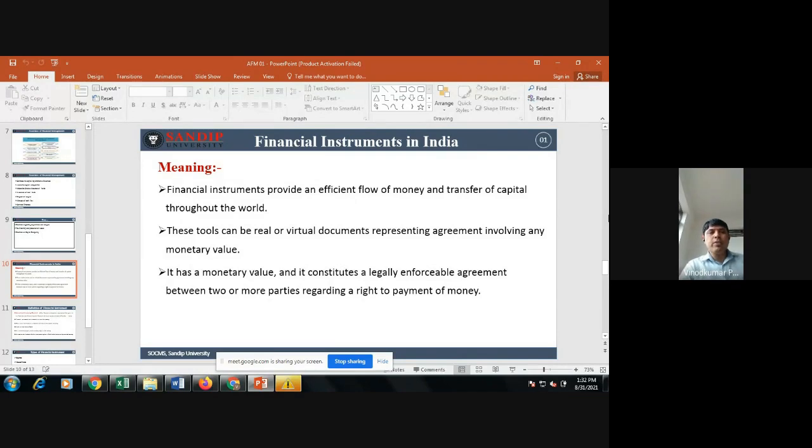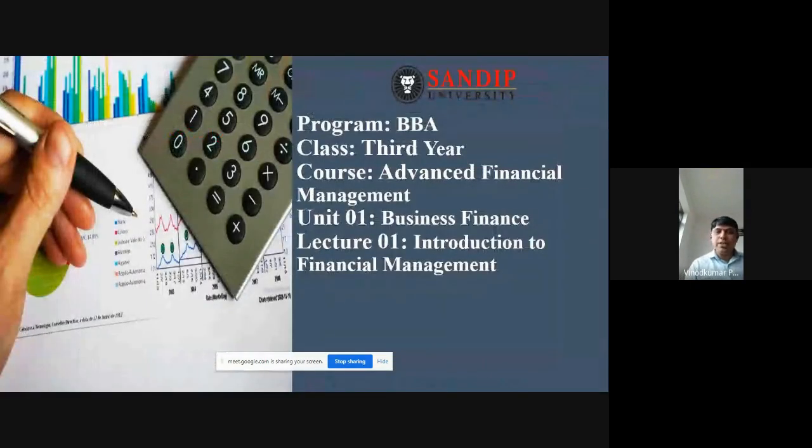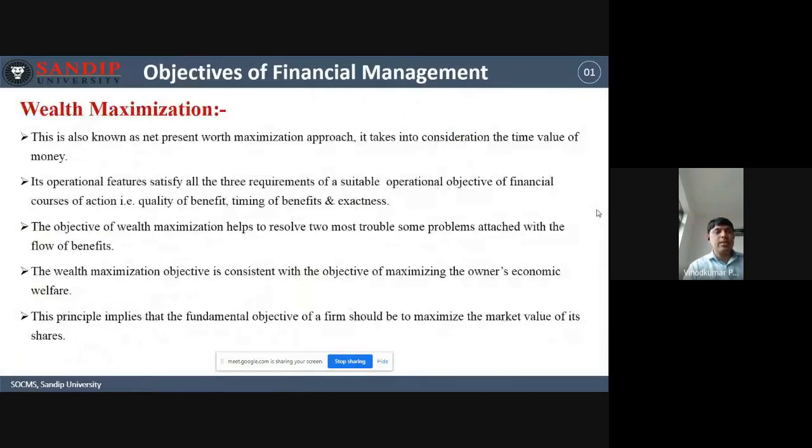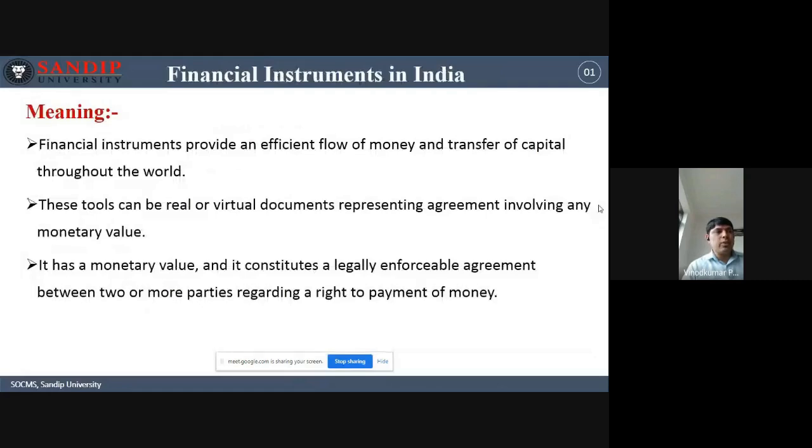These tools can be a real or virtual document representing an agreement involving any monetary value. So this financial instrument is for raising capital from the market, and it can be real or virtual.